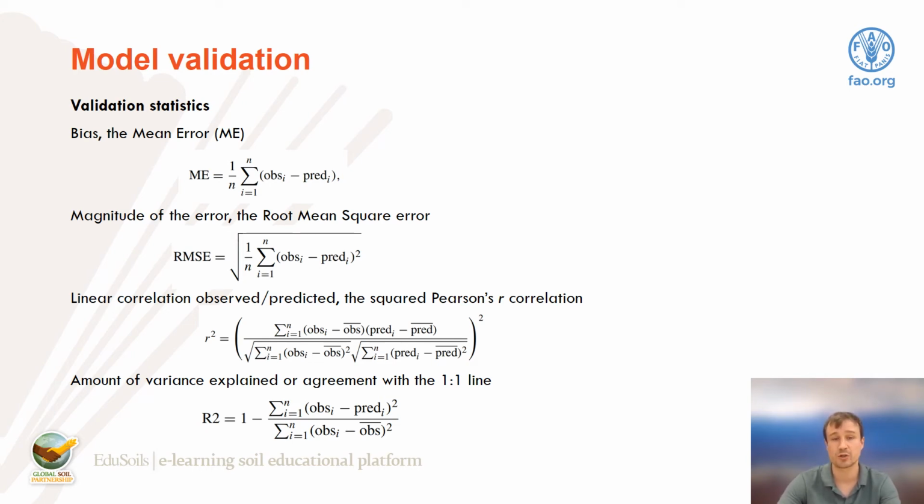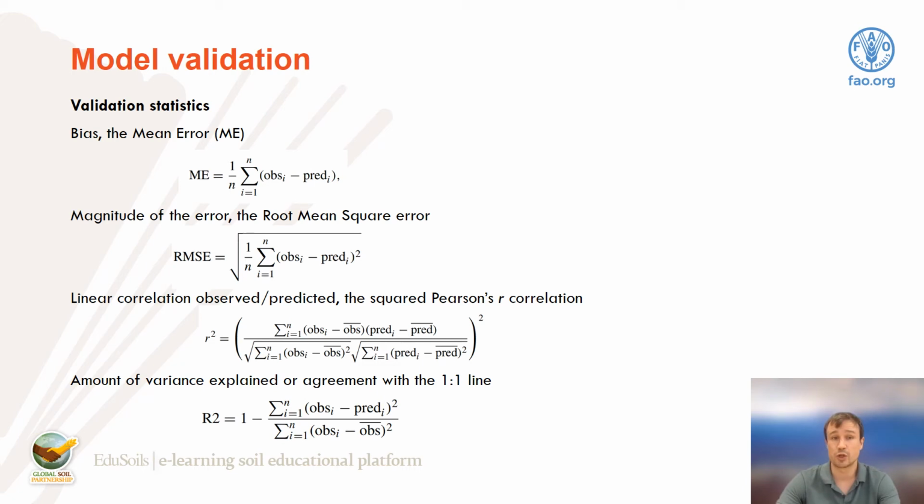The mean error shows the systematic over or under prediction of the values, and it is simply calculated by taking the average of the observation minus the predictions. Ideally, we would like a value close to 0, which means that there is no bias, but the mean error can also be negative or positive if there is a systematic over or under prediction of your data.